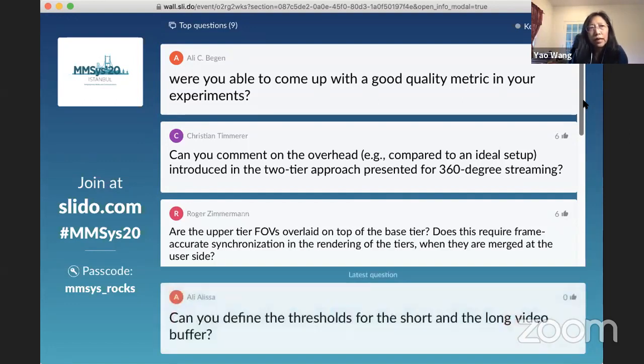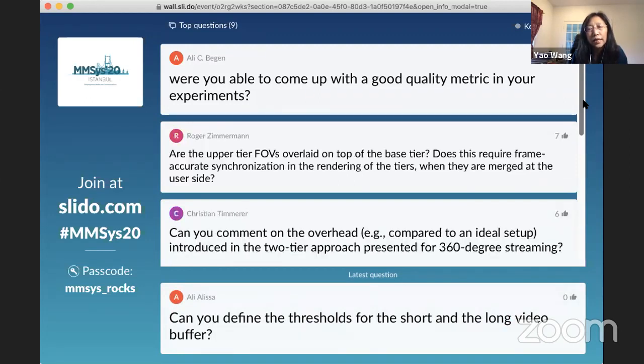And I think those kinds of artifacts can be very disturbing. To really evaluate that, you have to put it in a real streaming environment and see how it changes in time, how users react. So I think quality assessment of 360 video streaming in a streaming session is an extremely challenging problem and very important.